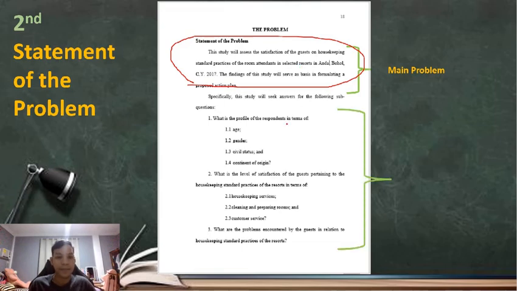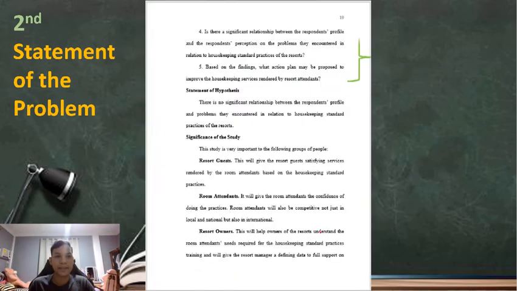And the sub-problems are the following. What is the profile of the respondents in terms of this one? What is the level of satisfaction of the guests pertaining to the housekeeping standard practices of the resorts in terms of? And then what are the problems encountered by the guests in relation to housekeeping standard practices?